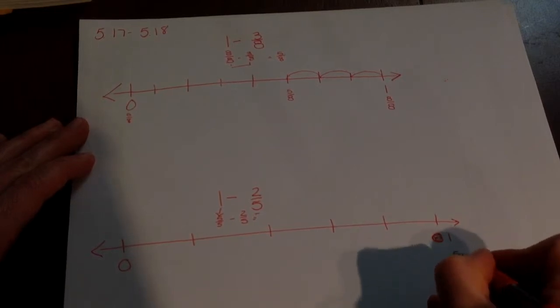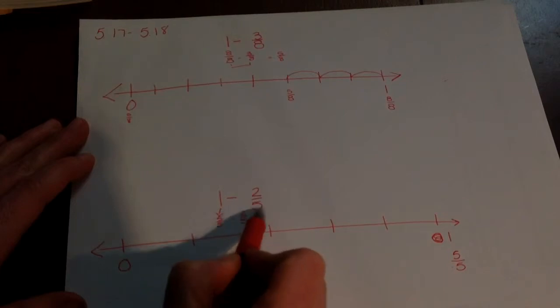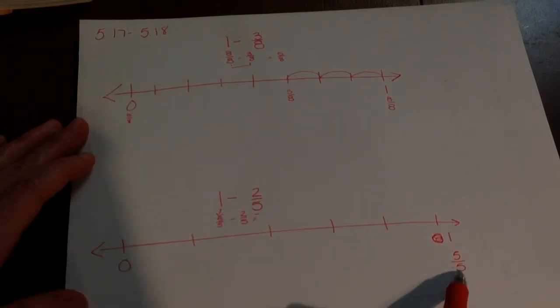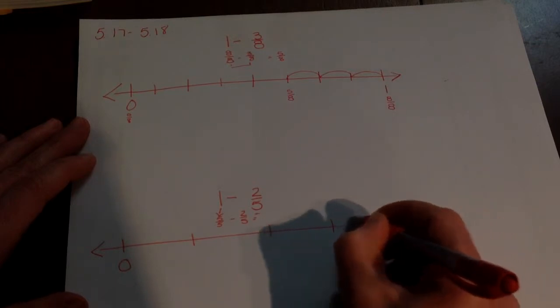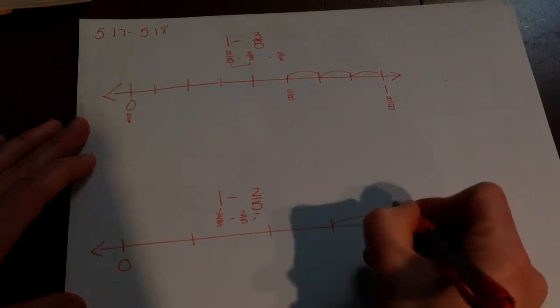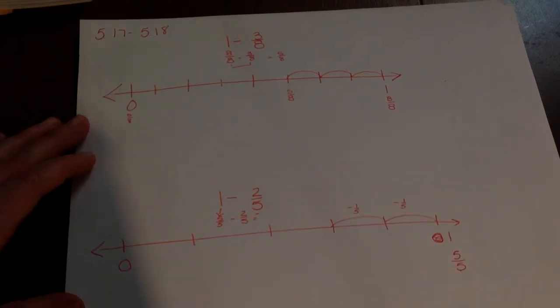And this 1 is equivalent to 5/5 because it's a whole. And since I'm dealing with fifths, that's why I have 5/5. I'm going to take away 2/5, 1/5, 2/5. If you need to write minus 1/5 here, you can. You do not have to.